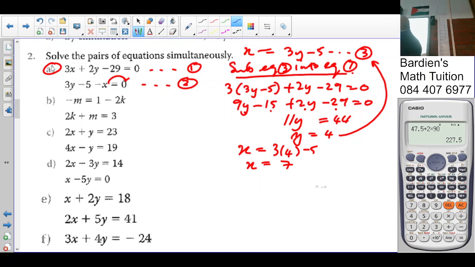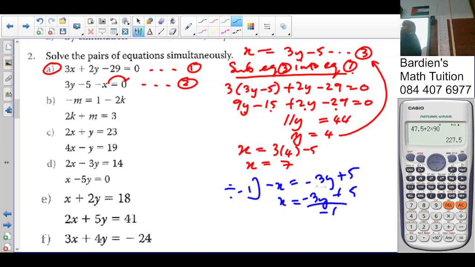What do you have? I said x equals negative 3y plus 5. That is correct. But then you had to divide by negative 1. Did you? Which gave you what? x equals negative 3y plus 5. So you left it like that. But this must be simplified. Each one on its own: negative divided by negative is positive, so it's 3y. Positive divided by negative is negative 5. So x is equal to 3y minus 5, or minus 5 plus 3y.